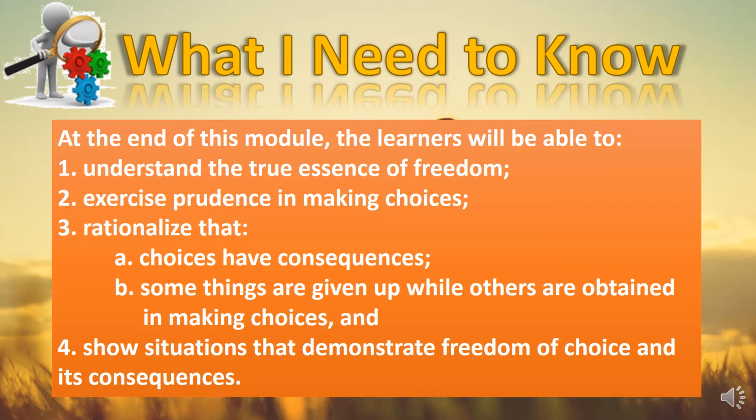First, understand the true essence of freedom. Second, exercise prudence in making choices. Third, rationalize that choices have consequences. Fourth, some things are given up while others are obtained in making choices. And fifth, choose situations that demonstrate freedom of choice and its consequences.